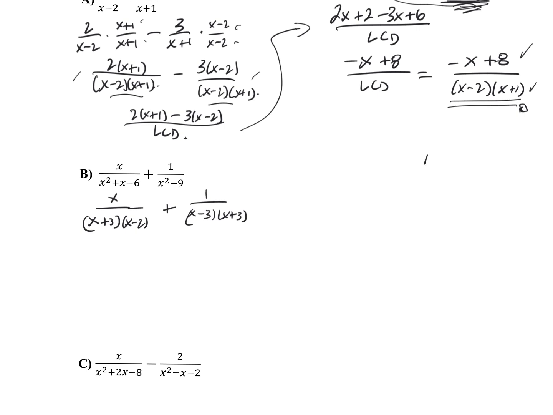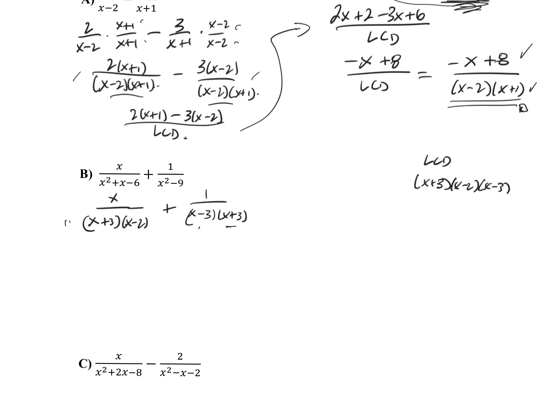So building my LCD here, we'll start off with one of the denominators, so x plus 3 and x minus 2 is definitely part of the LCD. Looking at the next one, the x plus 3 is already accounted for. What's missing is the x minus 3. So there is the LCD.